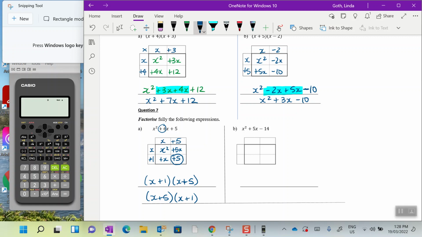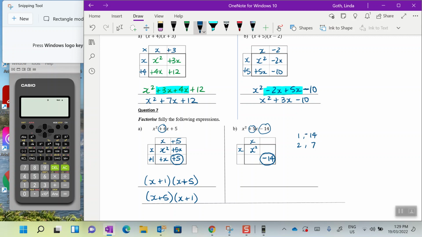It gets trickier when you've got negative numbers. So we're going to have minus 14 in here and x squared here. So we need two numbers that multiply to give minus 14 and add to give 5. And with a little bit of playing around with your factors of 14. So we've got 1 and 14. We've got 2 and 7. But because this number here is a negative, we know that one of those numbers has to be positive and one of them has to be negative.